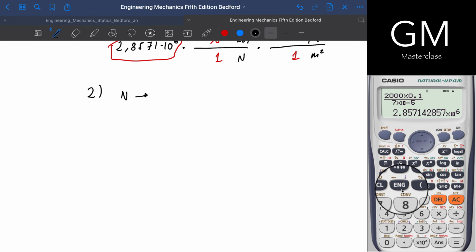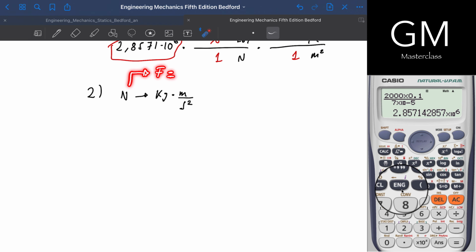So a newton is equal to a kilogram multiplied by a mass divided by a square seconds. I'm sorry, I'm confusing it right now. No, a newton is a force, right?